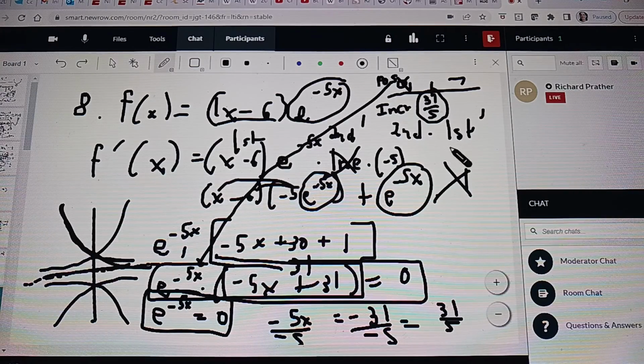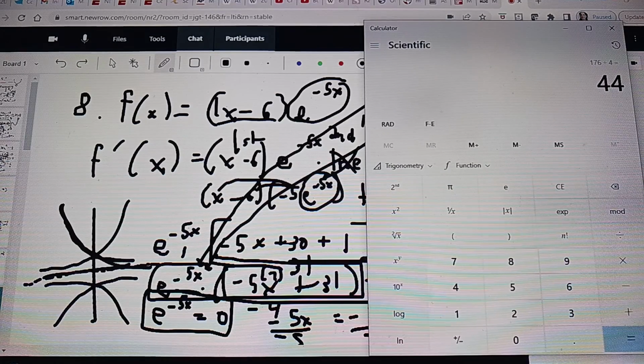And now if I plug 7 in, this will get messy, but 7 times -5 is -35, plus 31 is -4. Really all I care about is that that's negative. If I plug 7 in here, even though the exponent's negative, e to the negative 35 is not negative.